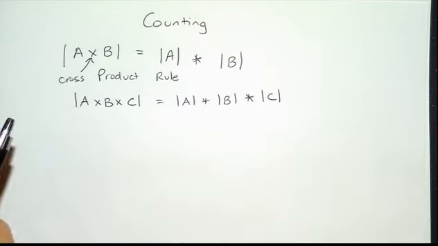How could I prove that the 2-set rule implies the 3-set rule? There's a very simple thing I can do. Draw some parentheses.